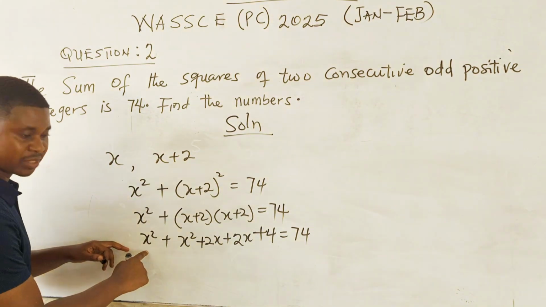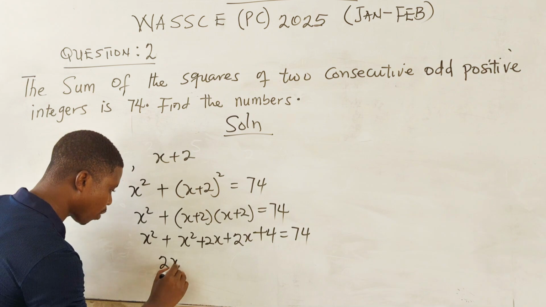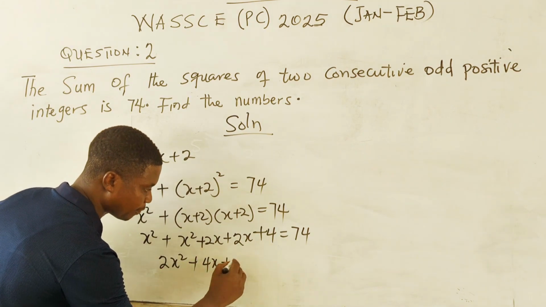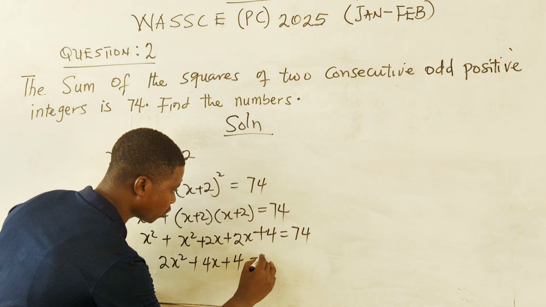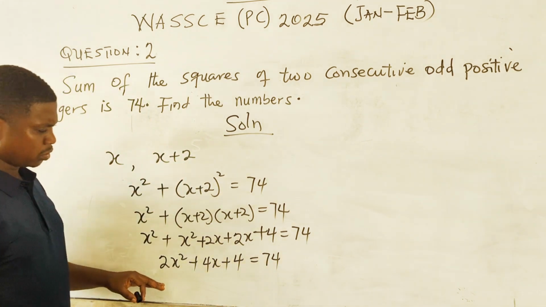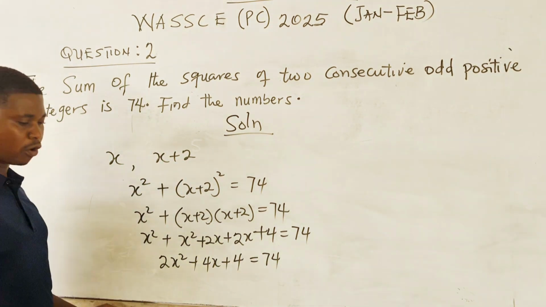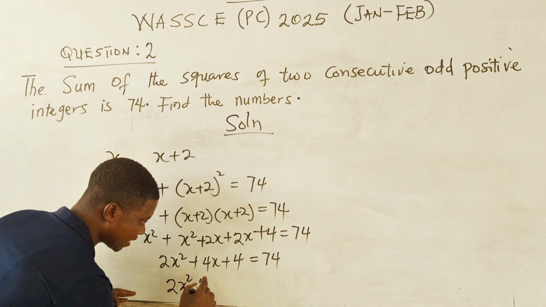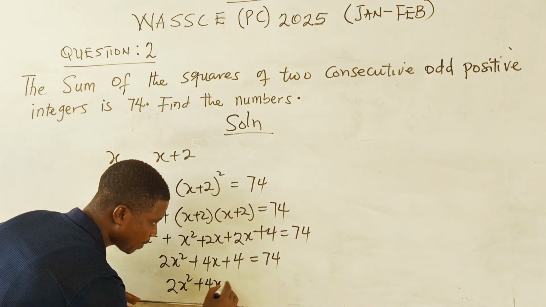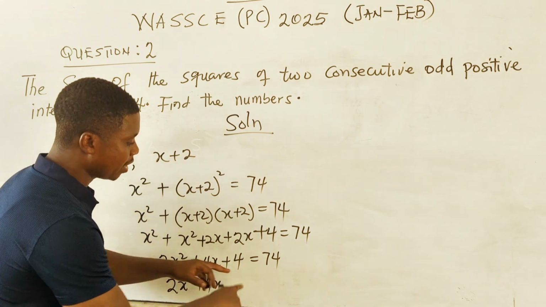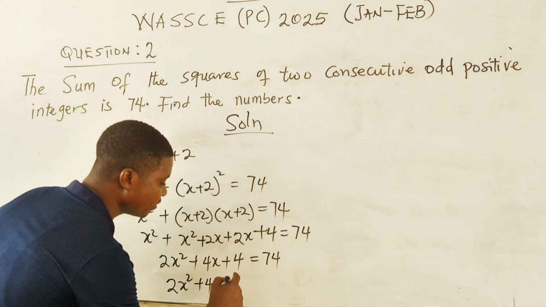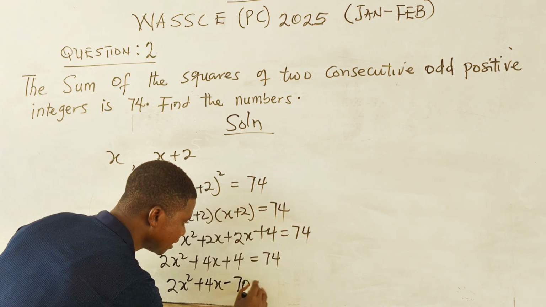When you simplify this, we have 2x squared plus 4x plus 4 is equal to 74. We bring the 74 over to subtract, so 4 minus 74 gives minus 70, equal to 0.